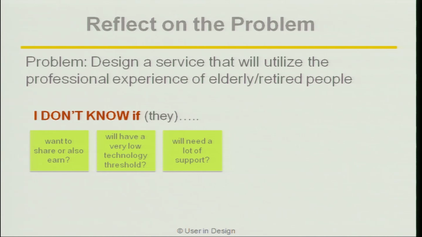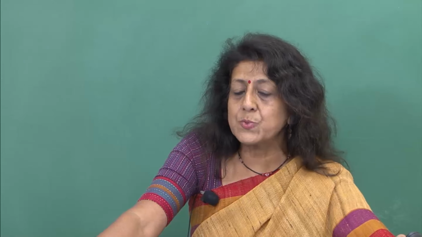Will they need a lot of support? Will it perhaps be more support than it's worth? Would they want to just gain respect again? Is that perhaps one of the needs that they have, that they're able to share and get the kind of respect and regard that they had at their workplace? So these are the different things we think about as we examine and reflect on the problem.